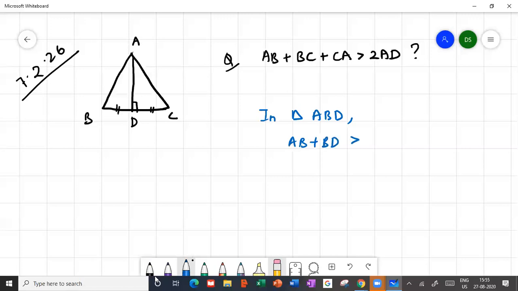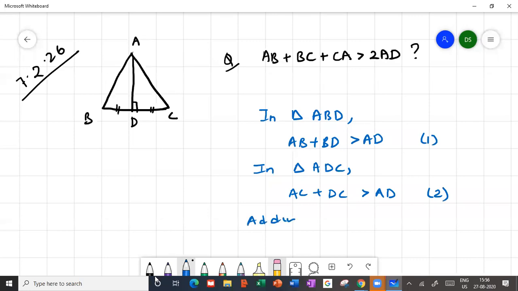By adding equations 1 and 2, AB plus BD plus AC plus CD greater than 2AD. So the answer is yes.